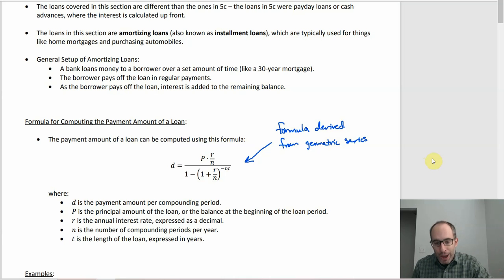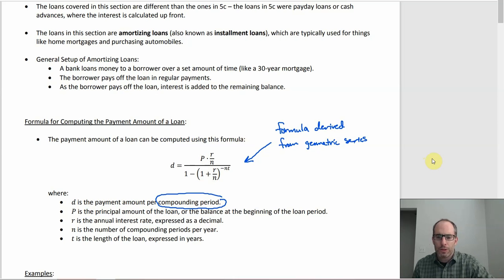But the compounding period, usually this is a month. It wouldn't have to be. I mean, you could set it up to where you could have annual compounding periods or quarterly compounding periods and things like that.